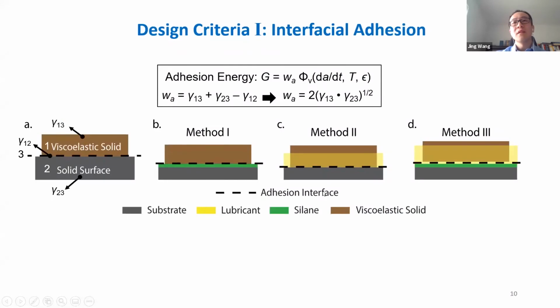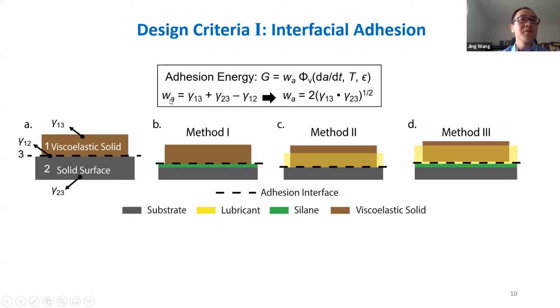Secondly, not only do we reduce the surface roughness, we consider the adhesion energy, which is the work of adhesion multiplied with a function of physical parameters and environmental parameters. So we focus on the work of adhesion.